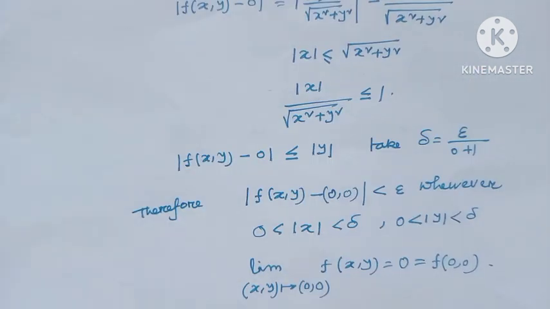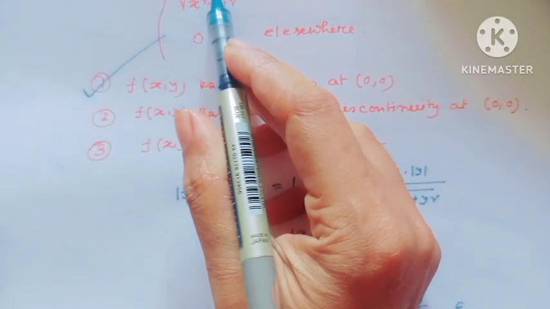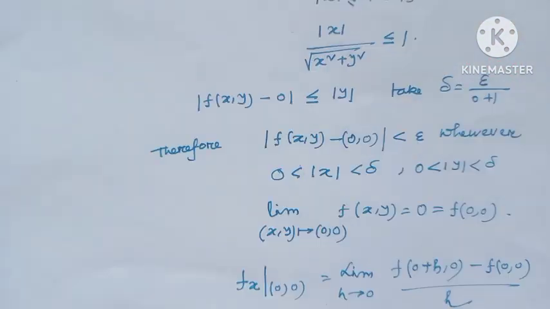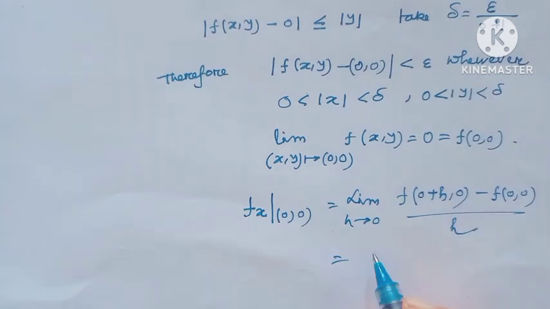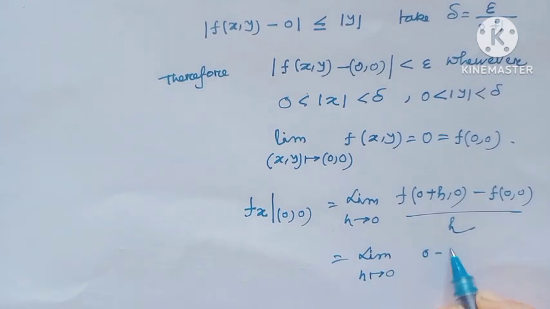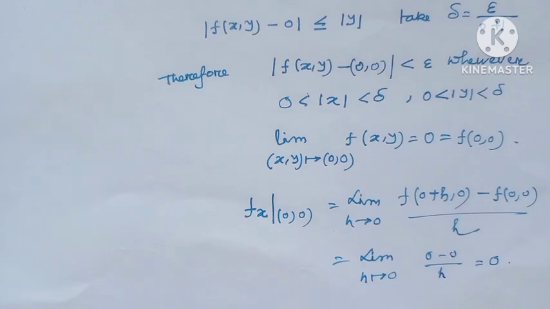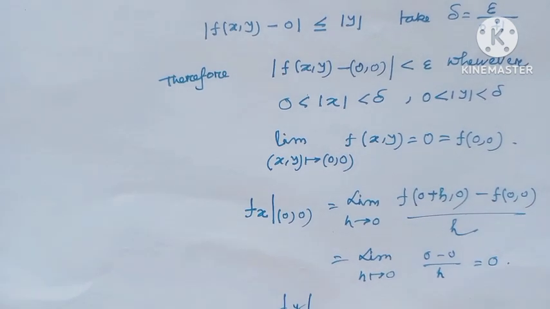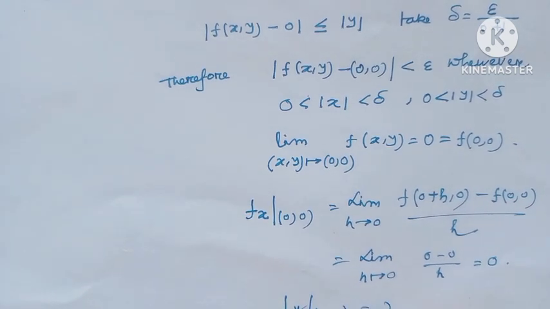And f(0+h, 0) would be 0, so this is the limit as h goes to 0 of (0 minus 0) over h, which is 0. Similarly, f_y at the point (0,0) is equal to 0.